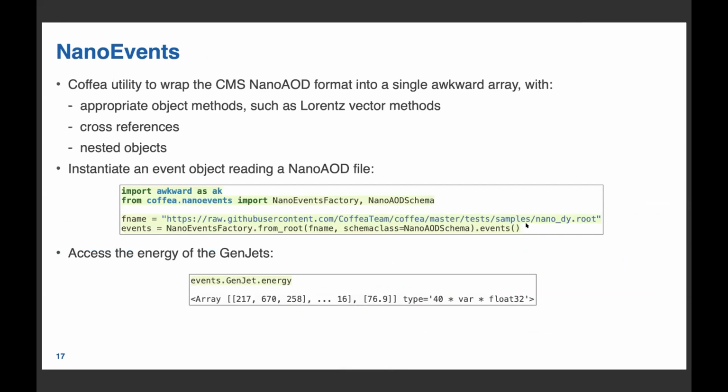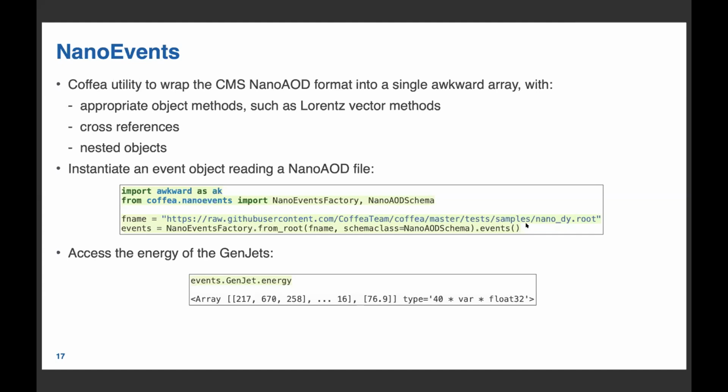Since NanoAOD has been described, and since Coffea started from a group of people working on CMS, we paid special care in including utilities to interface easily with the NanoAOD format. In Coffea, you will find NanoEvents, which essentially encapsulate the typical schema of a NanoAOD, so that Coffea is able to interpret NanoAOD files appropriately, meaning that it's able to recognize which objects are physics objects and have to be treated like Lorentz vectors.